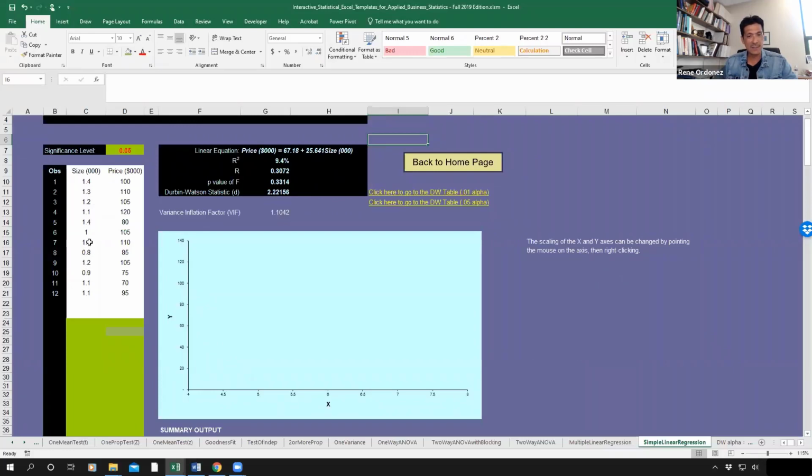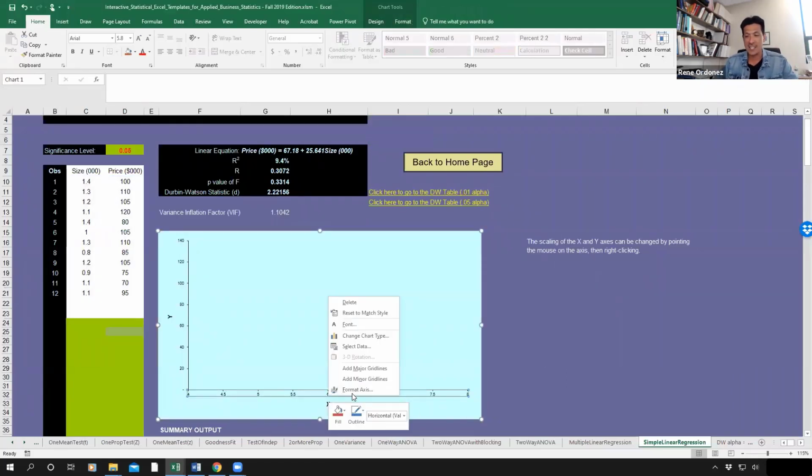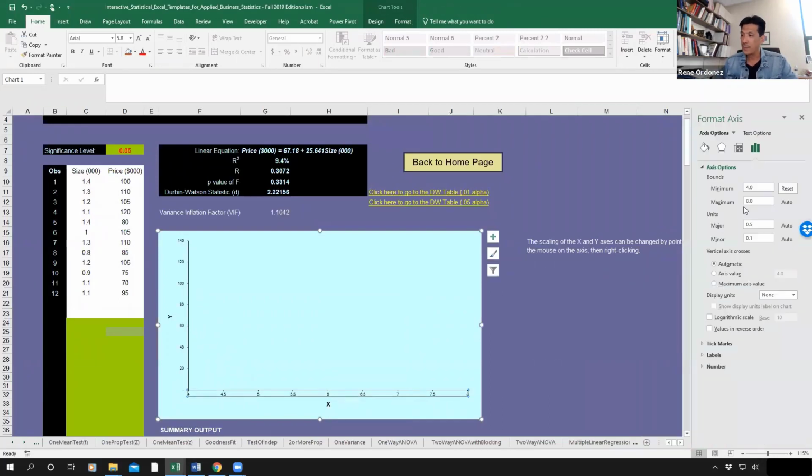All right, but look at the highest here, it's 8. So we can adjust the scaling of the x-axis. Okay, I reset it, so it made automatic. And there you go. So here's the plot of these 12 observations.